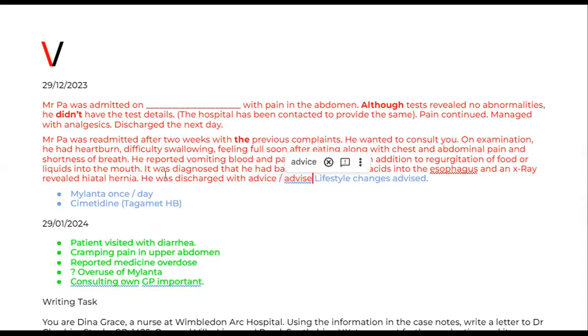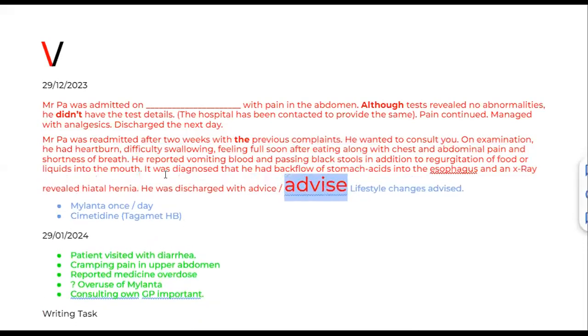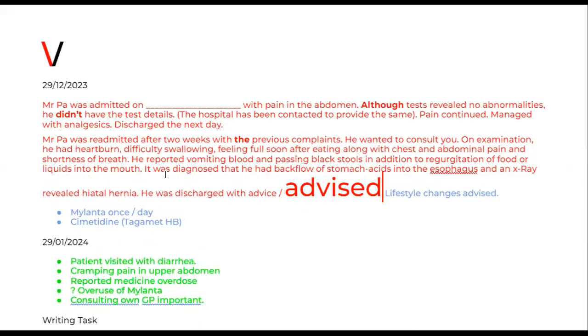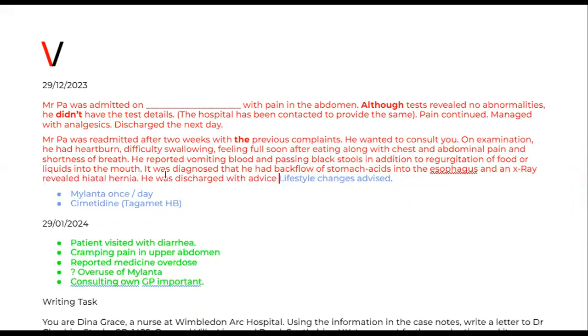Advise is basically the verb form, and the verb form is used for ED forms or ING forms, advising or advises. In these situations only we write the S form. Here we need normal advice, noun form. He was discharged with advice on lifestyle changes.